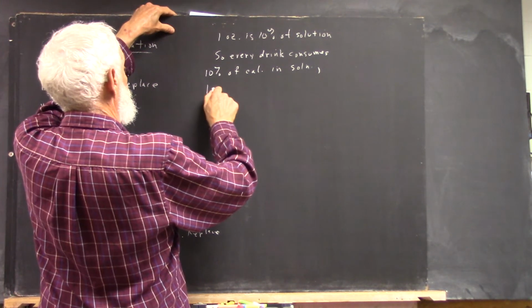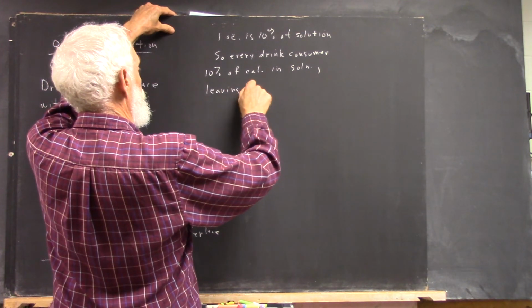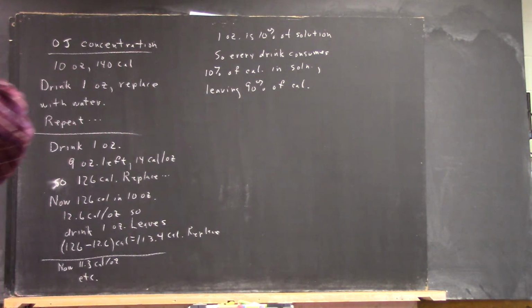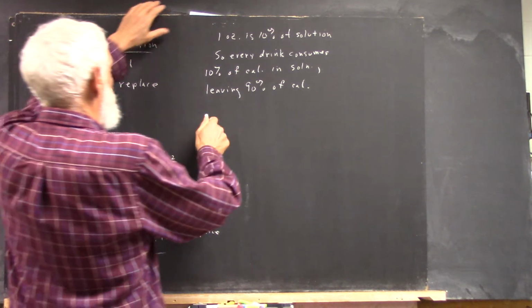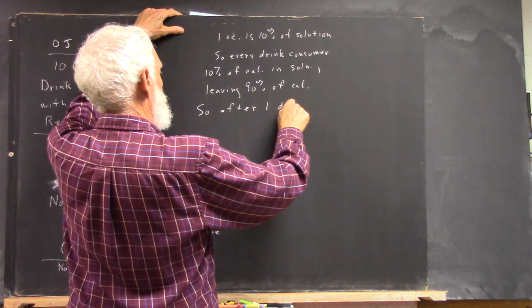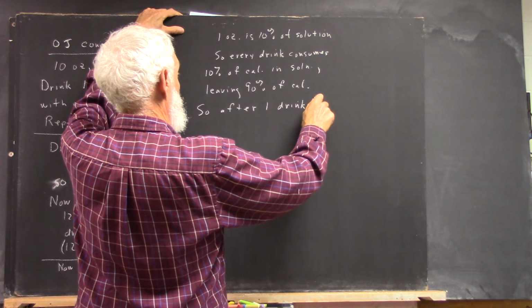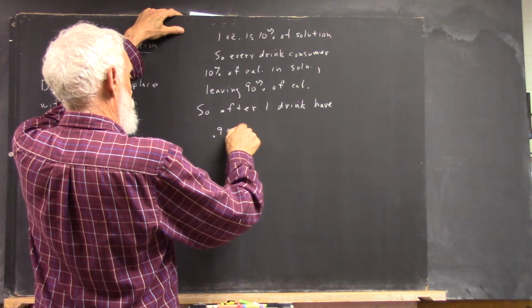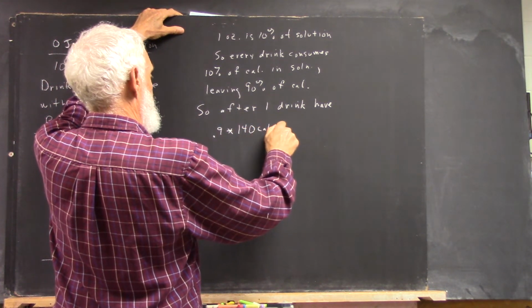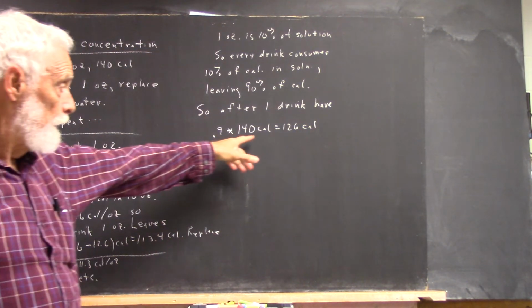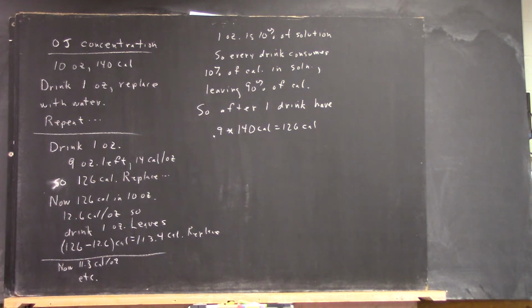Leaving 90% of the calories, right? Okay? After one drink, you have 90% of 140 calories, 126 calories, same answer, right?